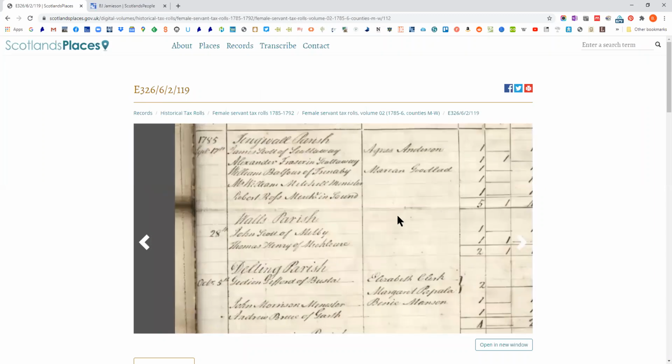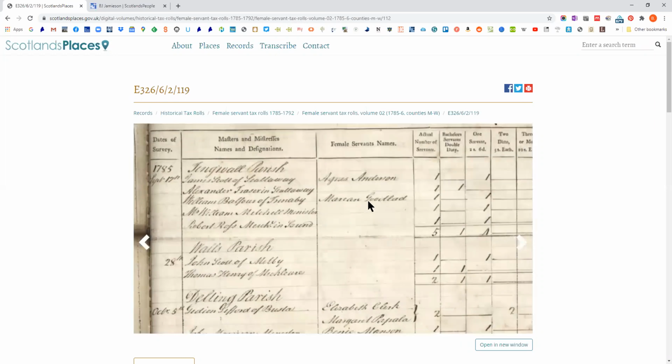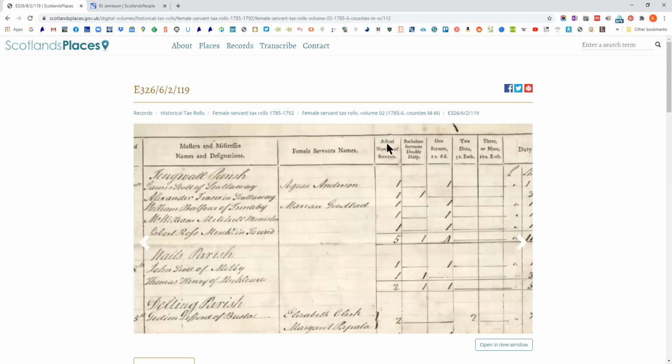And this is actually Shetland. And there was a number they could have, you can see that the tax went up the more servants you had.